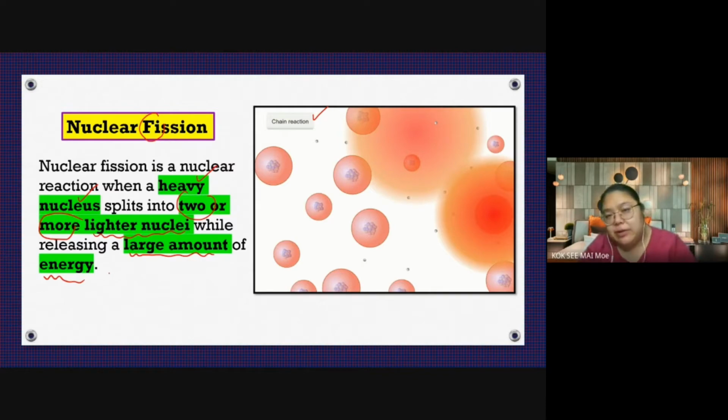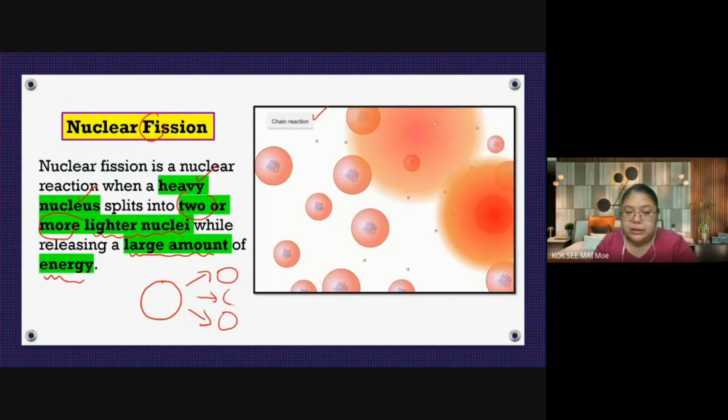So this is the definition for nuclear fission. From the bigger size, they split into smaller size, 2 or 3, plus a large amount of energy. So this is the process of nuclear fission.